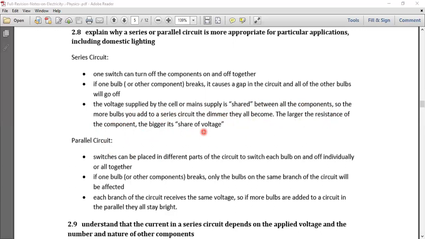The voltages in a series circuit are equally shared by the components. If you use an 8-volt power supply and have 4 components in a series circuit, each component will receive 2 volt, that is, 8 divided by 4 is 2.